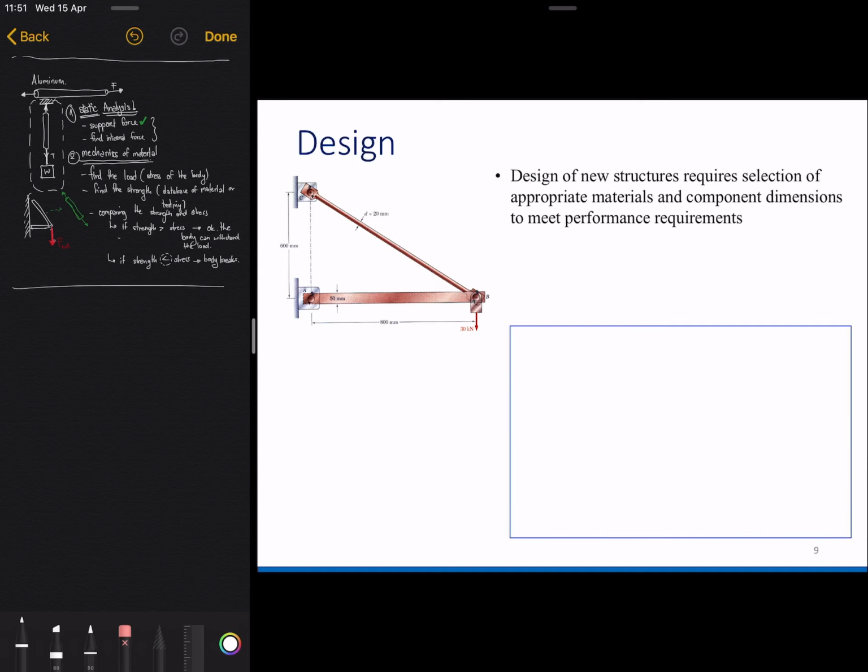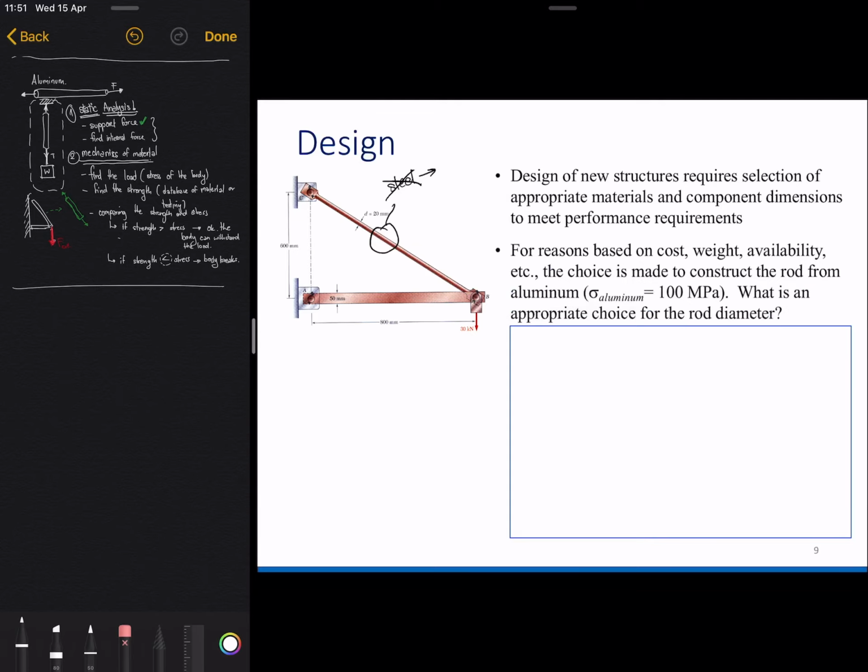That's why maybe they would like to select more appropriate materials for this rod. The reasons are cost, weight, availability, and also corrosion resistance. So they would like to change this rod from steel to aluminum.